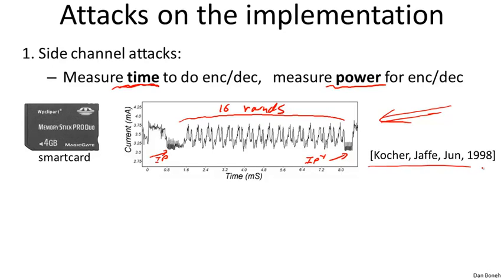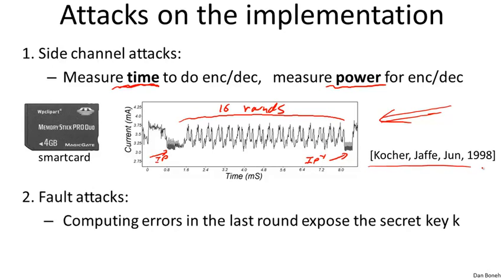So implementing these block ciphers is actually quite subtle because you have to make sure that the side channel attacks don't leak information about your secret key. Another type of attack that's been discussed in the literature is what's called a fault attack. So here, basically, if you're attacking a smart card, you can actually cause the smart card to malfunction, perhaps by overclocking it, perhaps by warming it up.